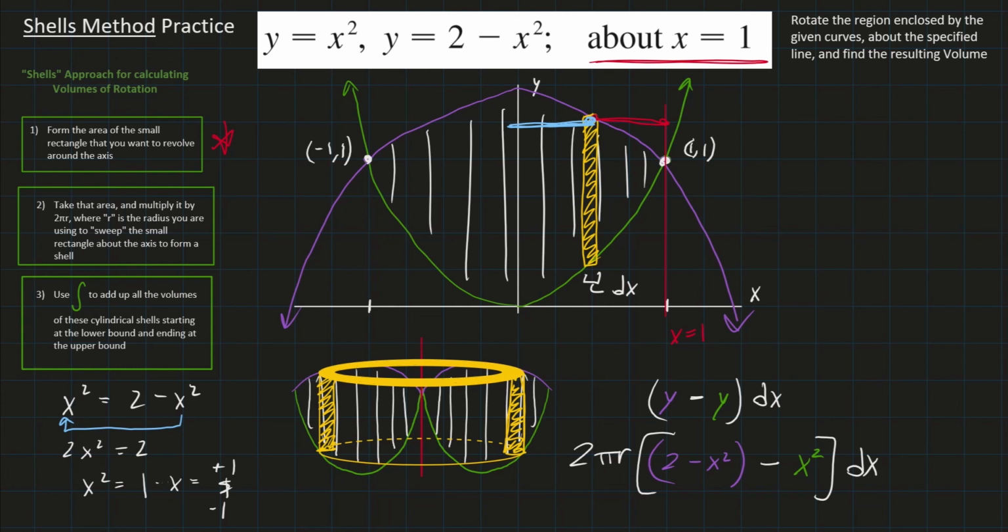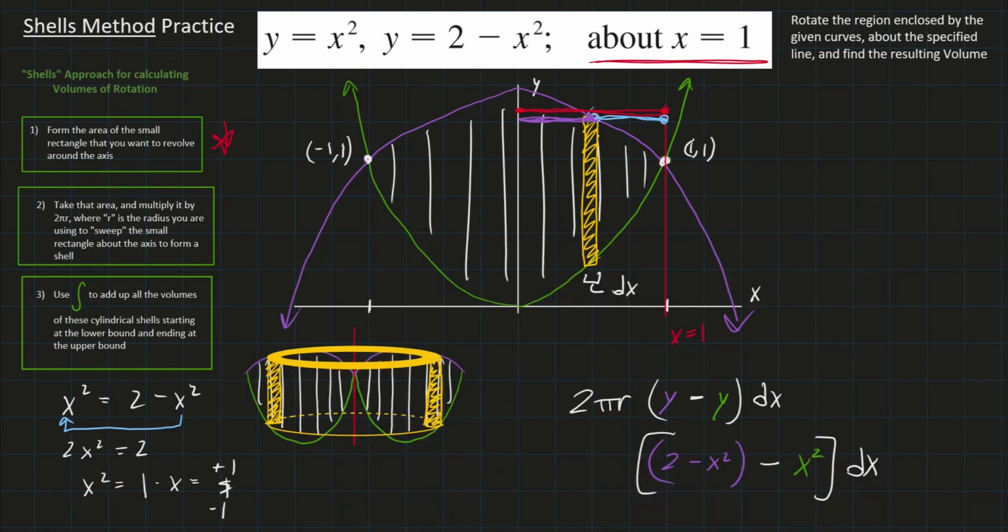This is the x of my purple and my green point. We can do 1, which is the distance to this x line right here, 1 minus the x coordinate that purple and green line are giving us. That'll work. So instead of 2 pi r, I'm going to do 2 pi 1 minus x.